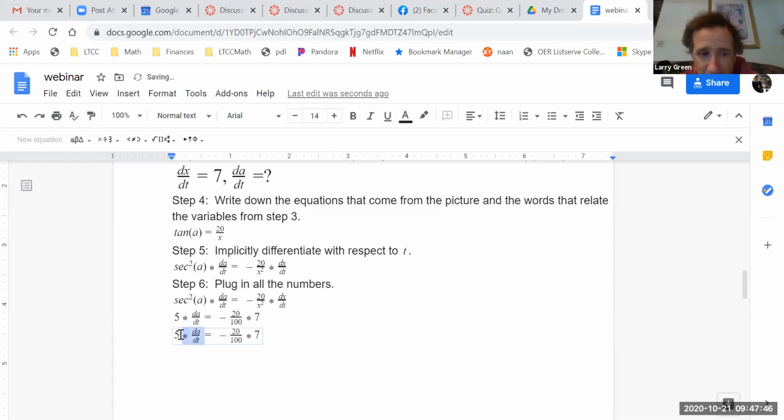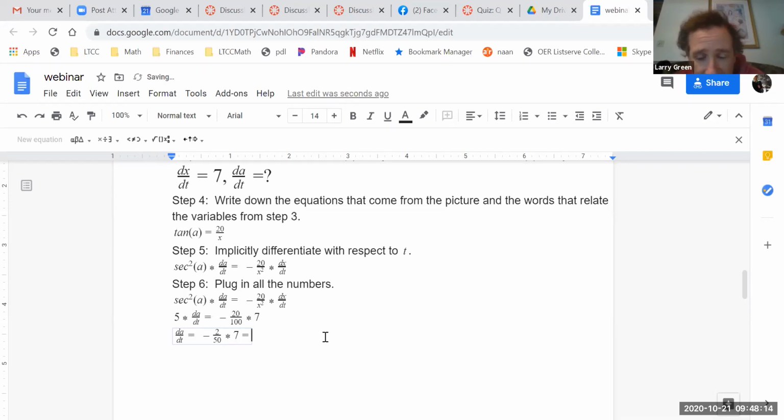I want to divide by 5 on both sides. It just wants to kill a 0 here. And then that 10 becomes a 50.